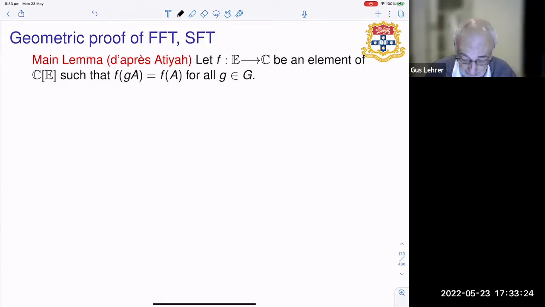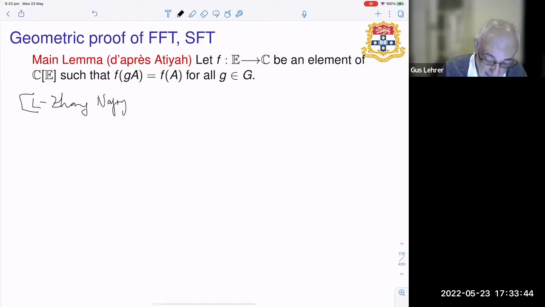And that gap doesn't appear so well here. But I want to maybe refer you to my paper with Ruibin Zhang in Nagoya Journal, 2021.